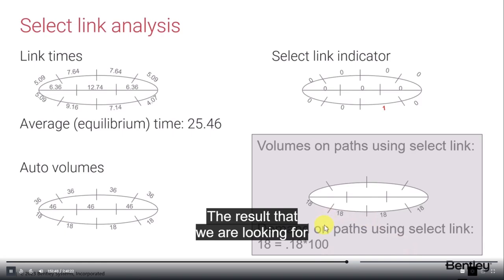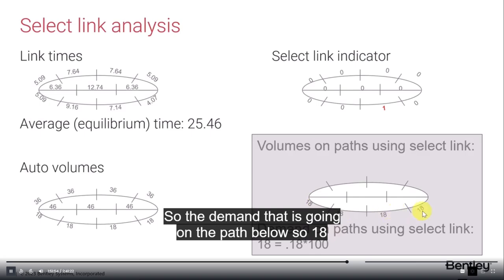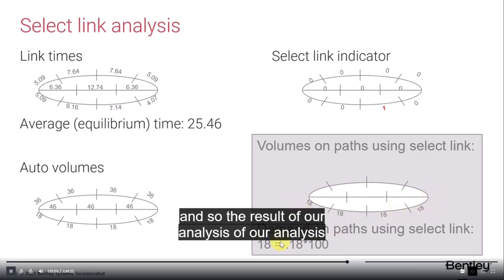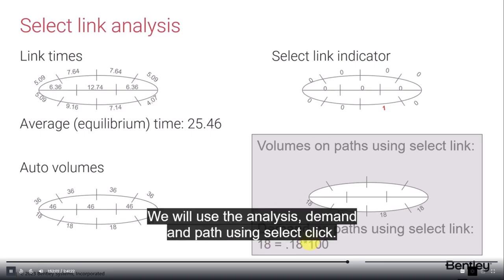The result that we are looking for is to extract the demand on the selected path, so the demand that is going on the path below, so 18, and so the result of our analysis should be 18. We will use the analysis demand on path using select link.